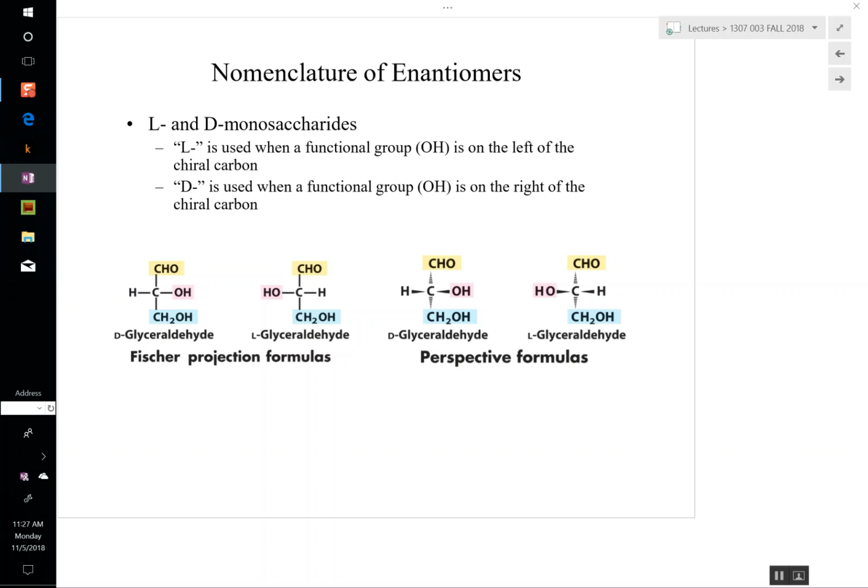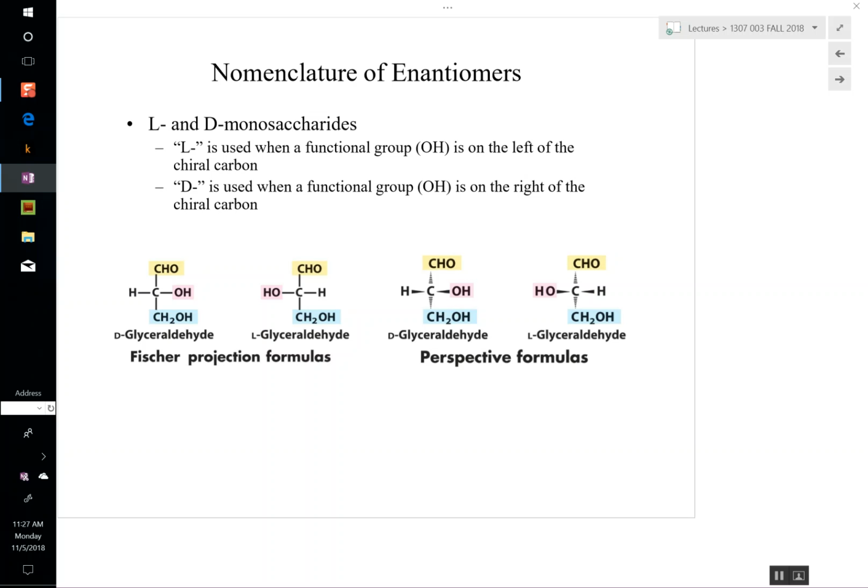This is not chiral, it's got 2 hydrogens. That's not chiral, 2 hydrogens. This only has 3 things on it, 1, 2, 3, not chiral. But the middle 3 carbons here on fructose are. Fructose, how do you spell fructose? T-O-S-E. Oh, okay, I thought there was another R there. Fructose.